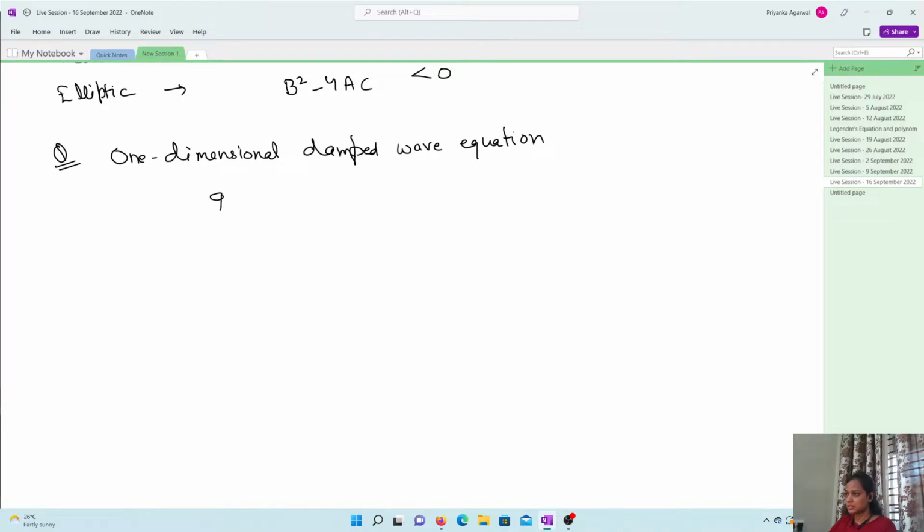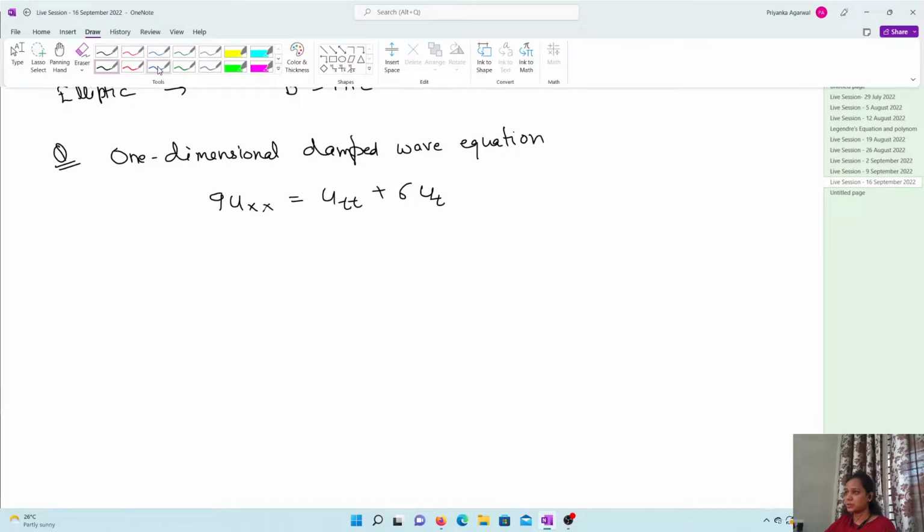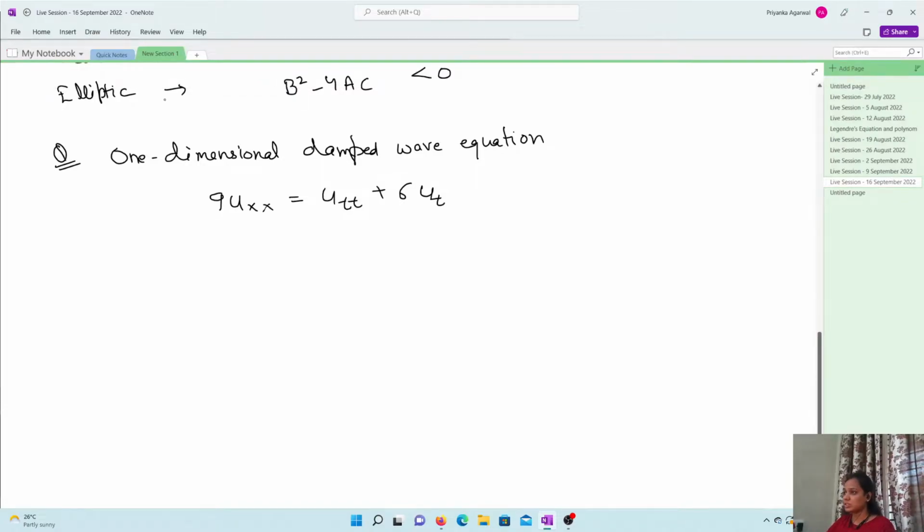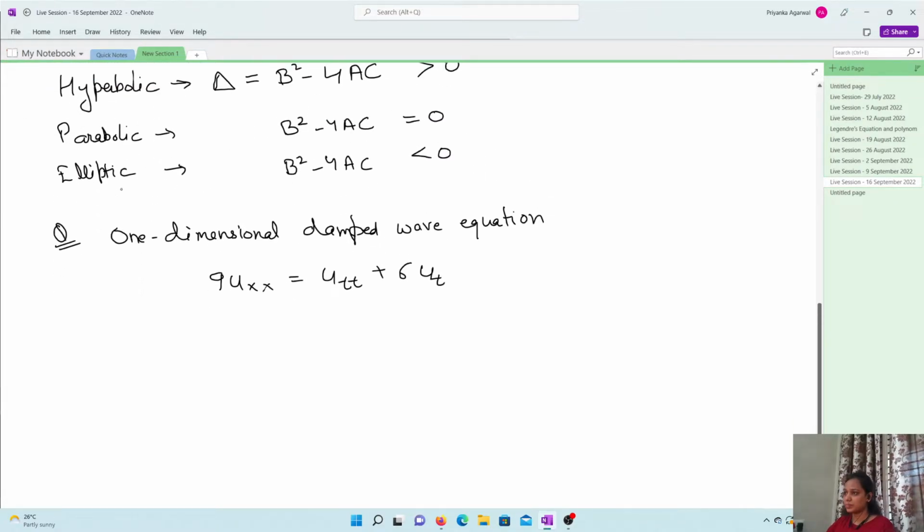So let us consider this equation, which is 9uxx equals to utt plus 6ut. Now we have to classify this equation from one of these three categories.